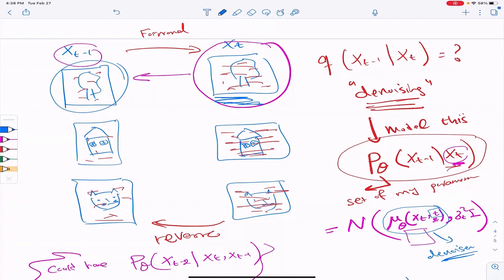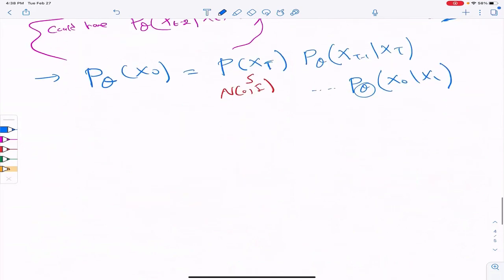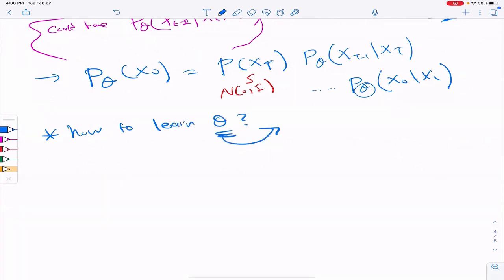Okay, so the only remaining task is to learn this theta, right? Because that theta should be your data specific, right? So you can't have one generative model for everything. How to learn theta? What is theta? Theta is the parameter of your denoiser.